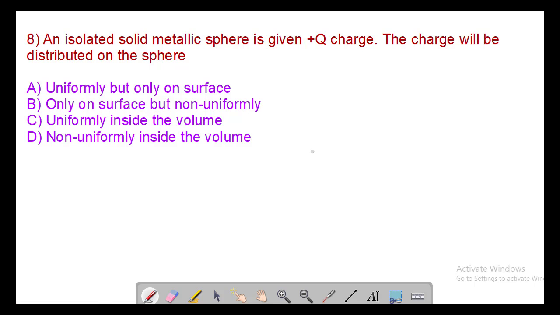Suppose we have a metallic sphere and we give a charge plus q, it is uniformly distributed over the surface, not inside. Whether the charge is positive or negative, whether it is a hollow cylinder or a metallic sphere, the charges will always come to the surface, and they are uniformly distributed. So A is the answer in this case.